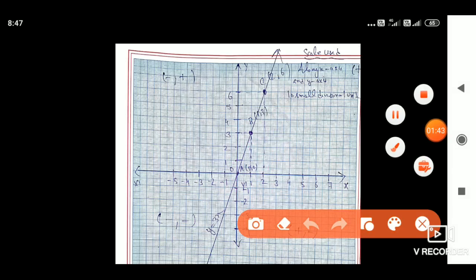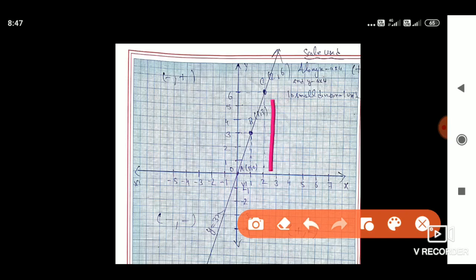Again both are positive, so point C also lies in your first quadrant. So draw a perpendicular from x is equal to 2. And y is 6, so draw a perpendicular from the point y is equal to 6 in the first quadrant. Where these 2 lines intersect, we get a point C.